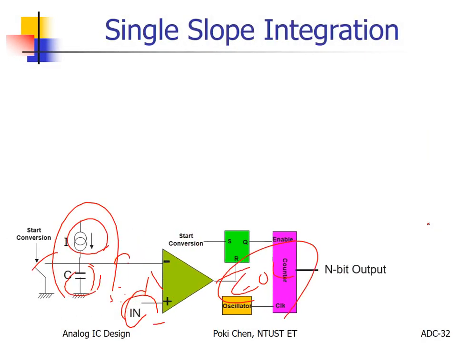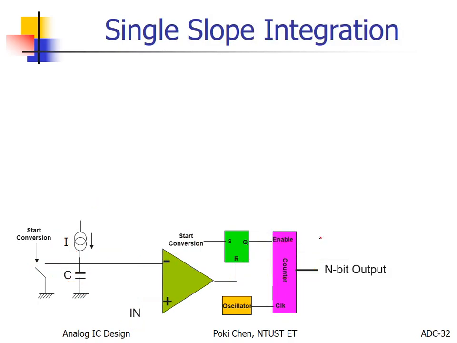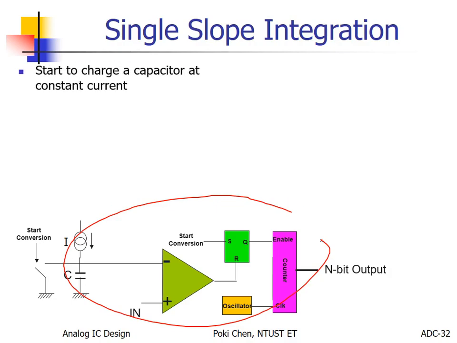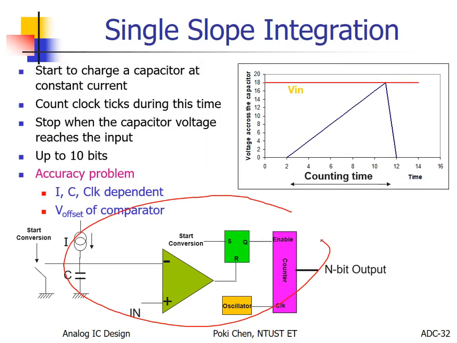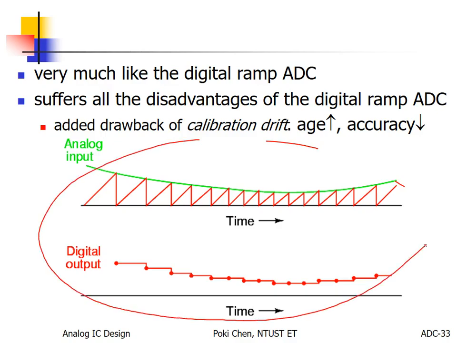A current source and capacitor can help you solve the problem, saving most of the cost of the original structure. But the operation principle, to be honest, is exactly the same. So allow me to show you. Anyway, almost the same.